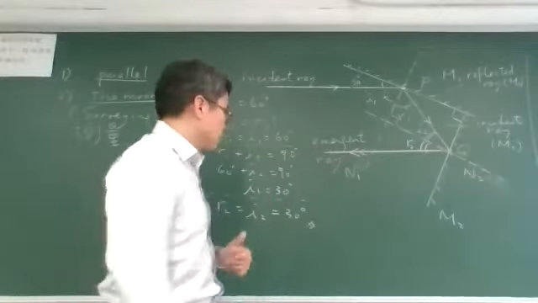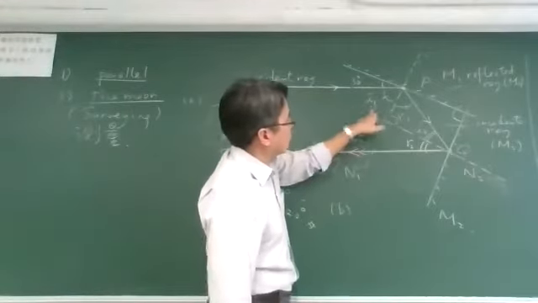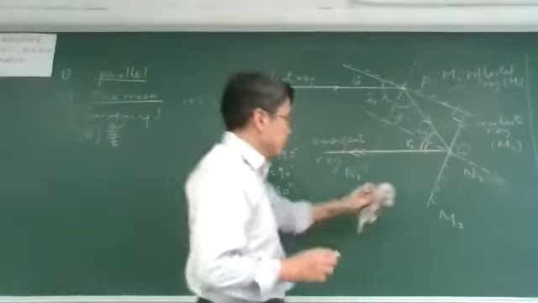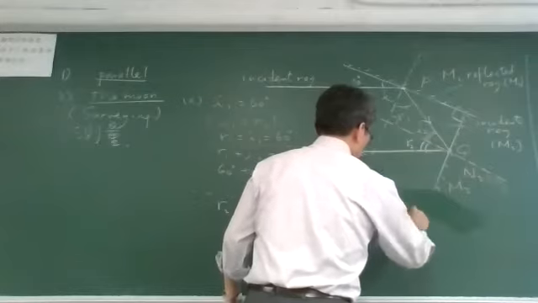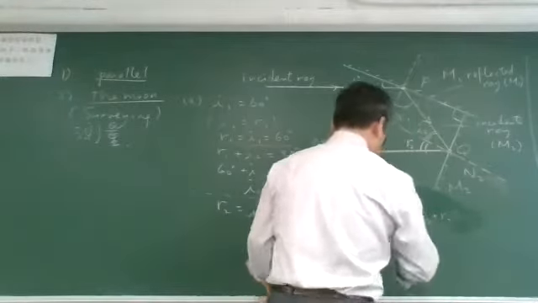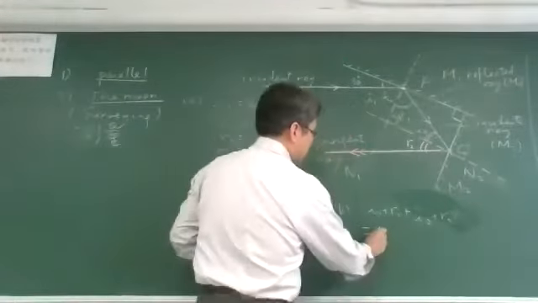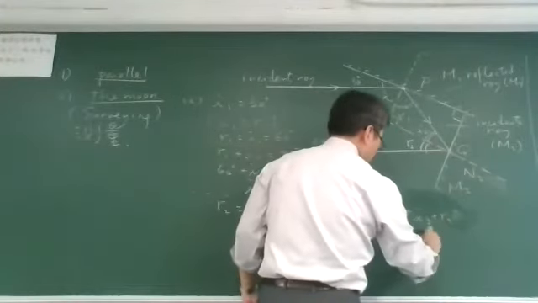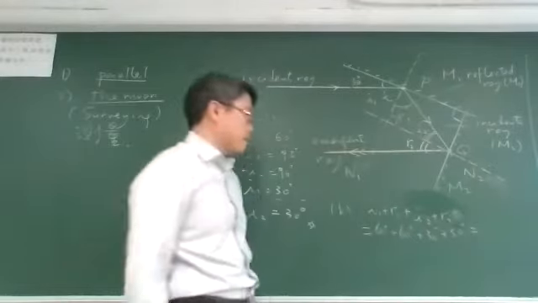So for part B, we will add up the angles I1, R1, I2, R2 to see what is the sum of these four angles. I1 is 60, R1 is 60, I2 is 30, R2 is 30.